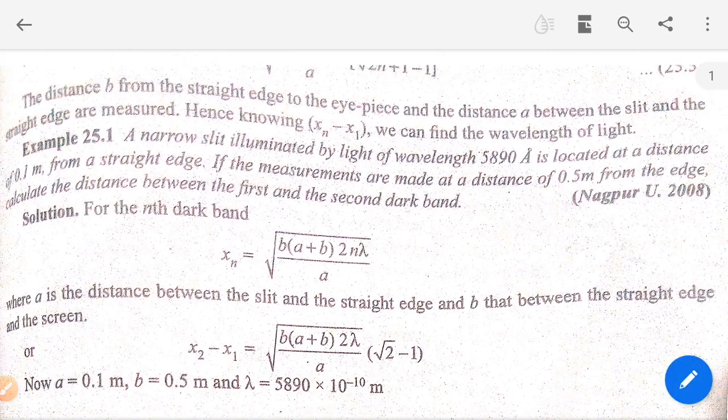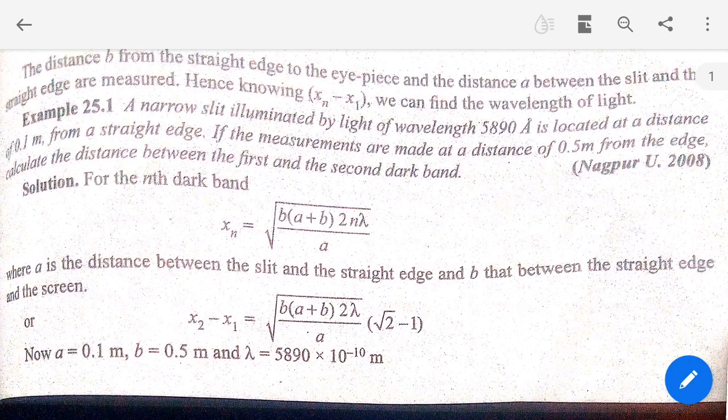So you are seeing that the wavelength is given, and small a is given, and b, the distance between the edge and the screen.